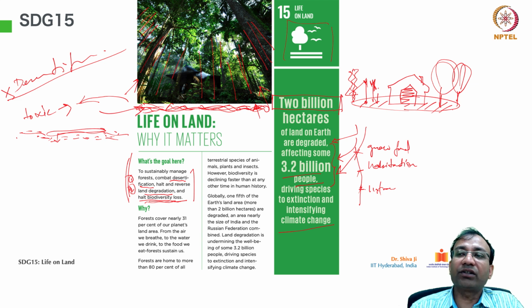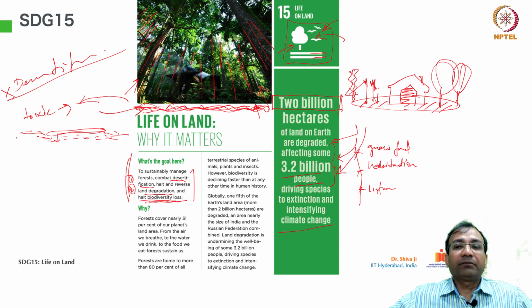If you see this sketch, this land is supporting this tree, which in turn is supporting some species of life. So if this comes, the rest of the species will also automatically start flourishing, coming and living over there, making it their habitat.